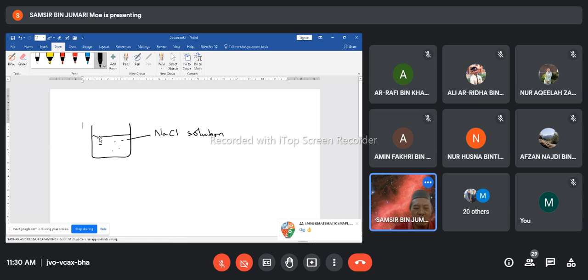Sodium chloride. For example, a hydrochloric acid solution, and this is silver oxide.